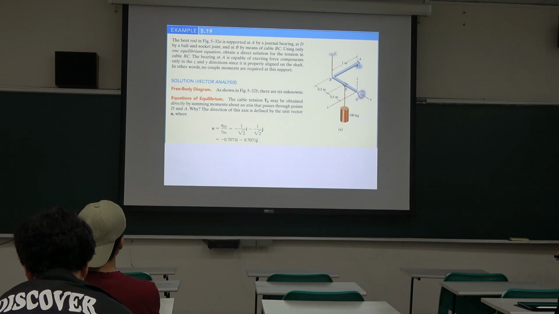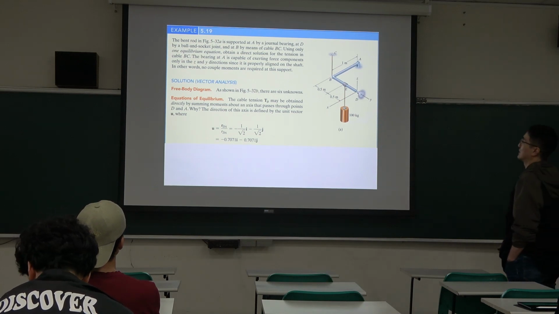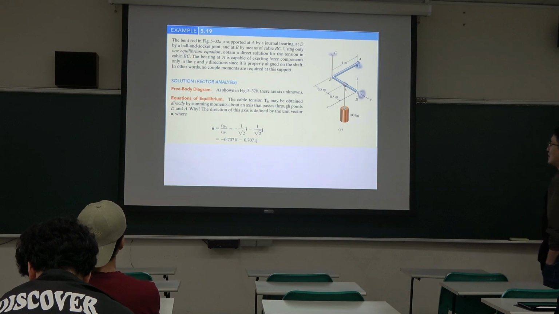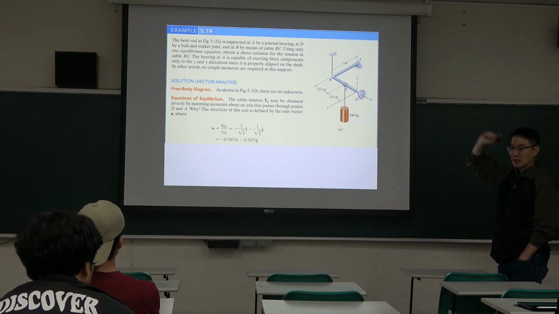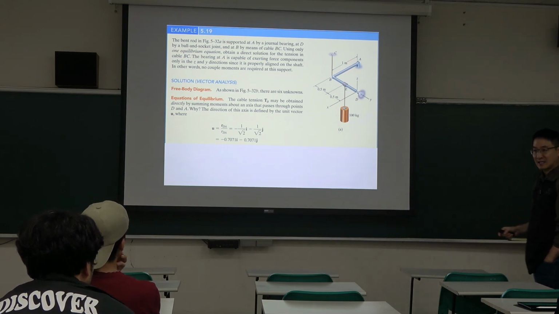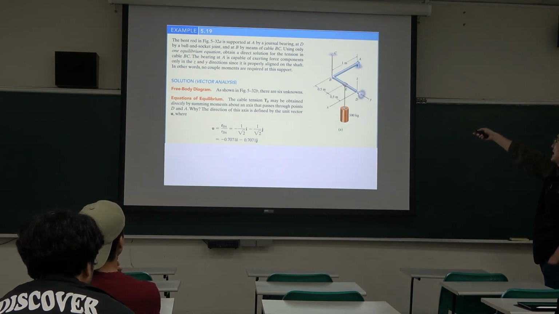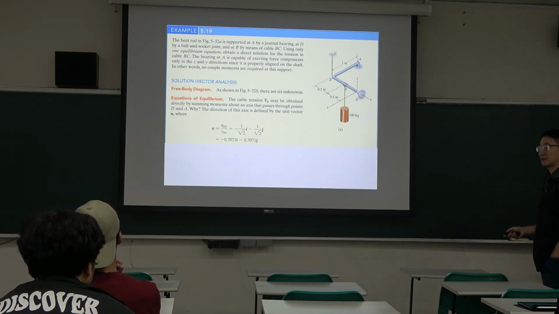Okay, the bearing at A is capable of exerting force components. Anyway, first we try to work out the free body diagram. So the journal bearing can have vertical and horizontal force as a reaction.